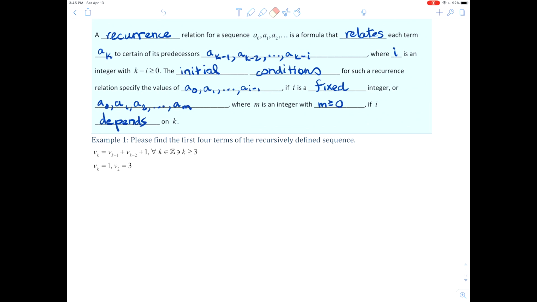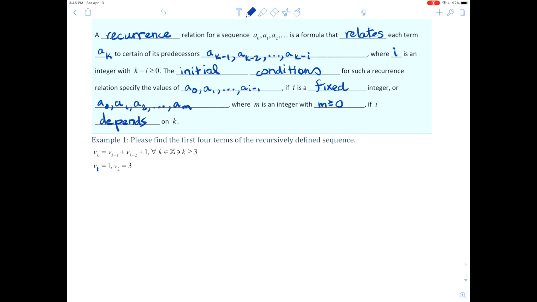We've also been given the initial conditions, actually, sorry, this is a typo. It should be that V1 is equal to 1 and V2 is equal to 3. Good so far?